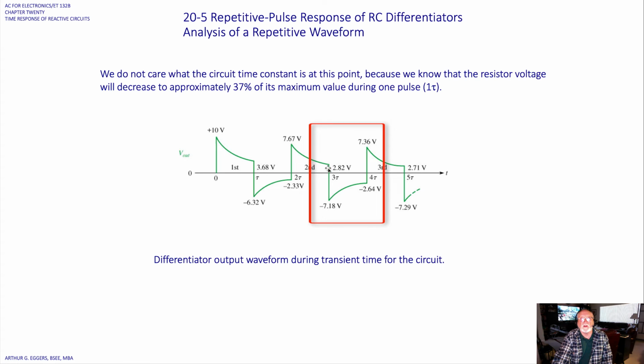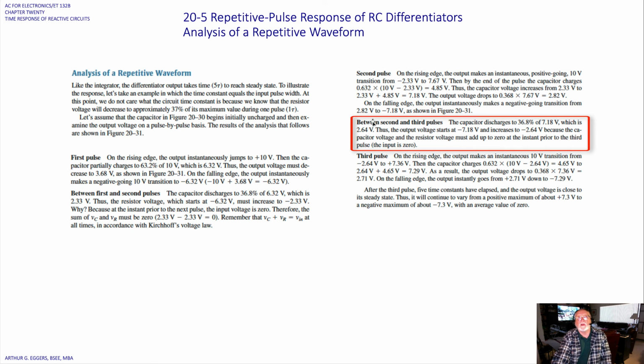Now between the second and third pulses, the capacitor discharges to 36.8% of 7.18 volts, which is 2.64 volts. Thus, the output voltage starts at minus 7.18 and increases to minus 2.64 volts, because the capacitor voltage and the resistor voltage must again add to zero at the instant prior to the third pulse. The output is zero.